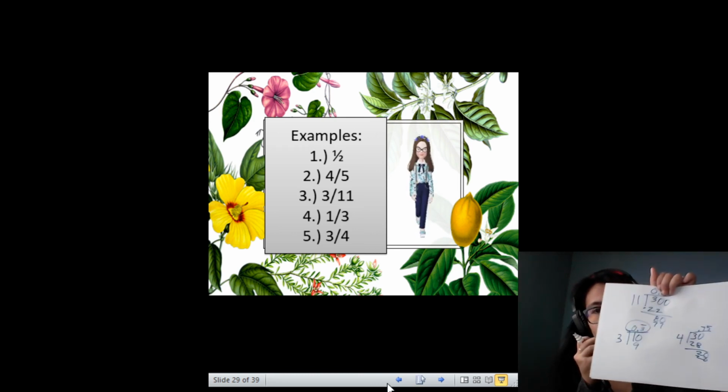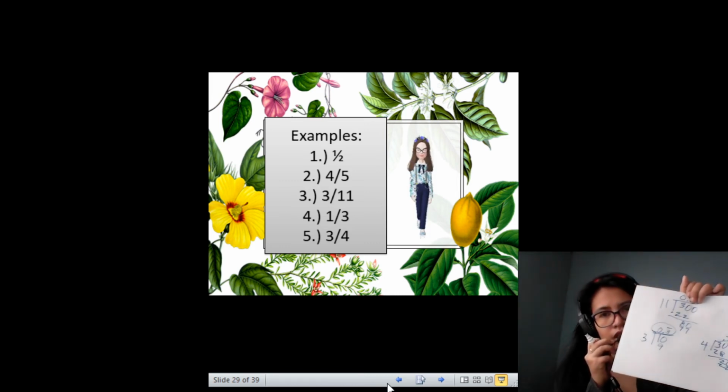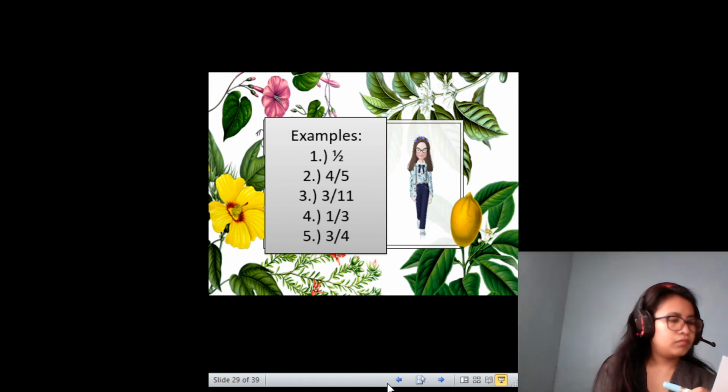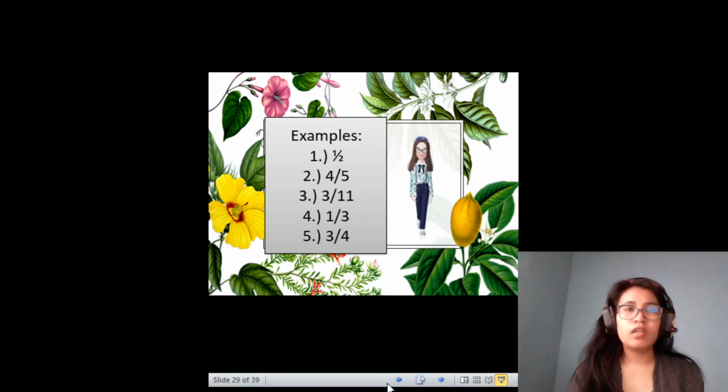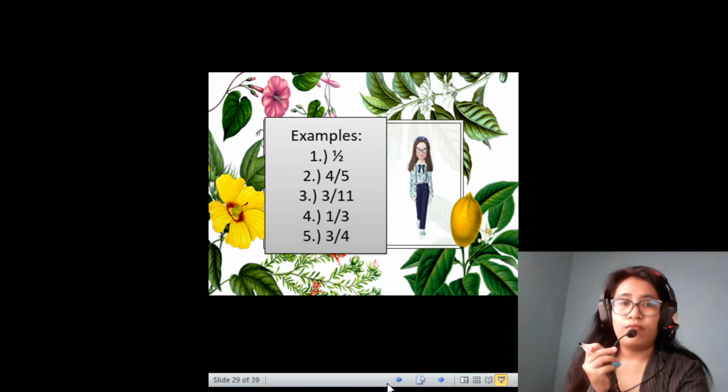So our answer will be 0.75. Again, it is a terminating decimal because it stopped. So that's how you change fractions into decimals. You just divide. Always remember that.